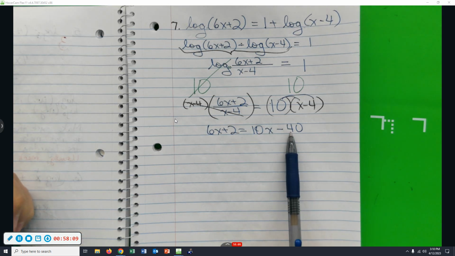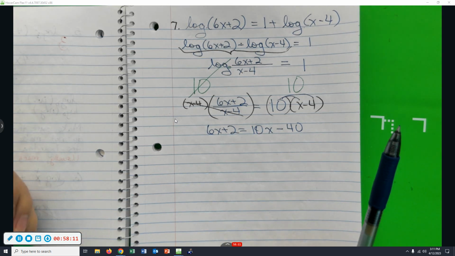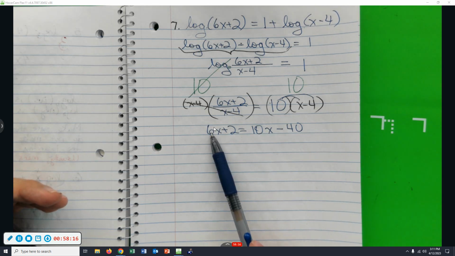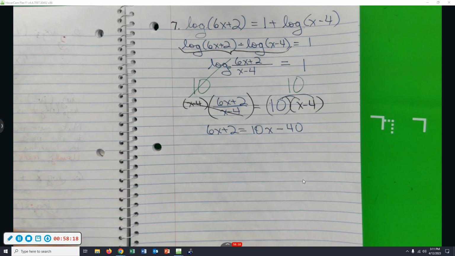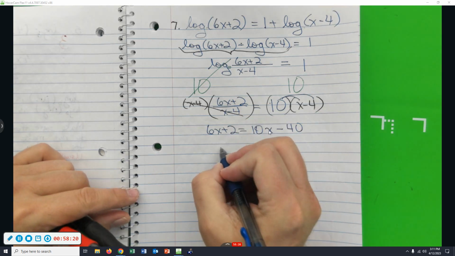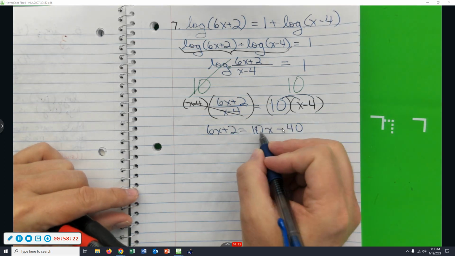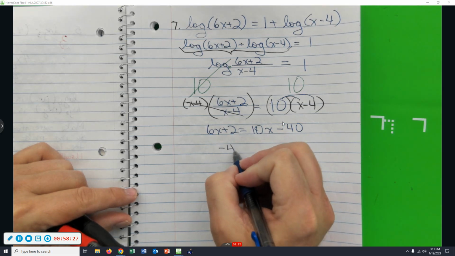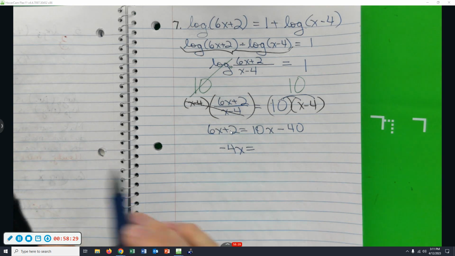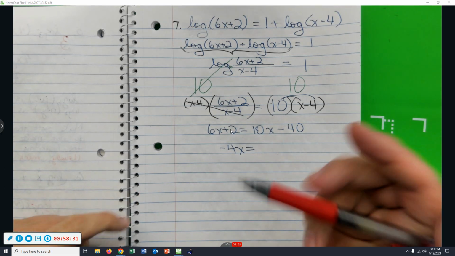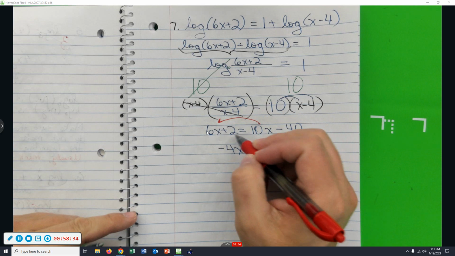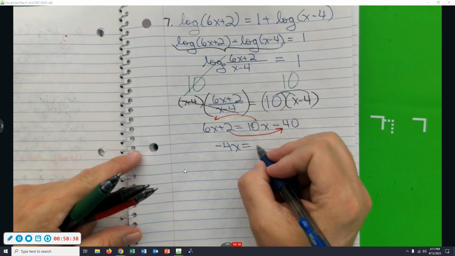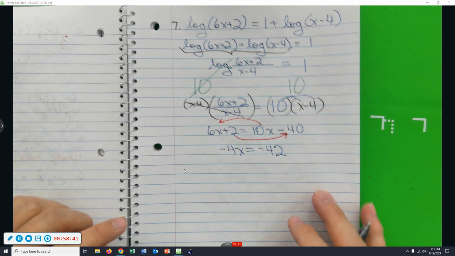Okay, so you say subtract 2, and what else did you say do? Subtract the 10x. 6x minus 10x gives me a negative 4x, I agree. And then y'all said, what are we doing with the 2? Negative 40 minus 2 gives us a negative 42.